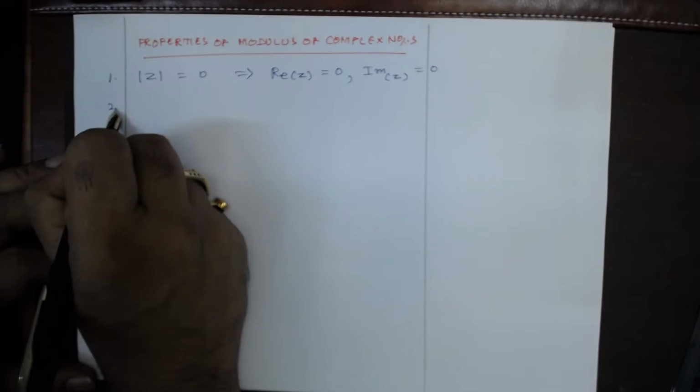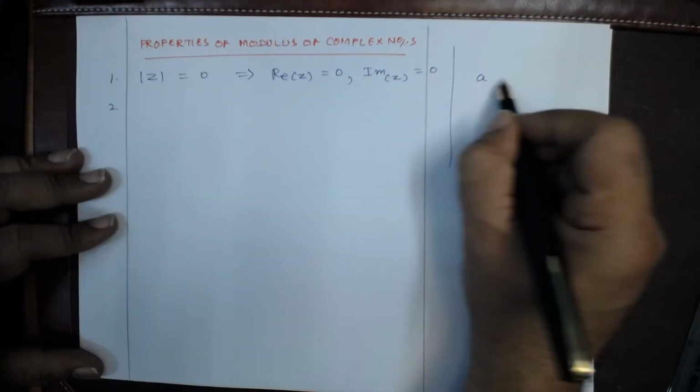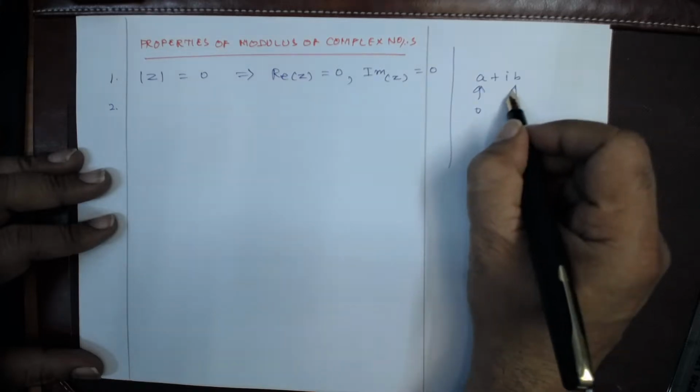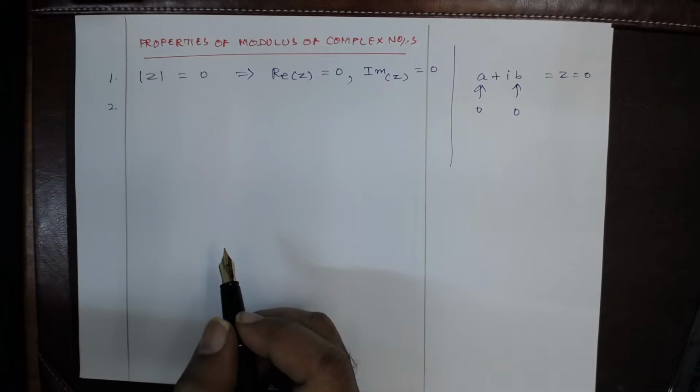Second property. So what do you mean by this? Complex number a plus i b. So in this case a is equal to 0, b is also 0, so that results in z equal to 0.